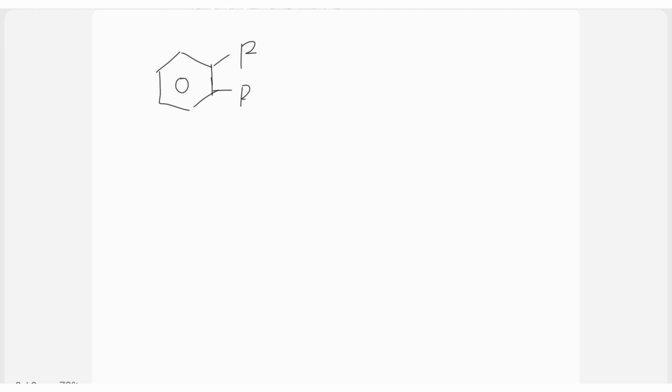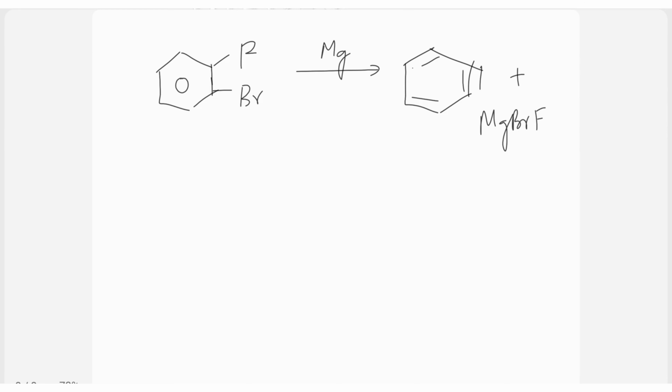Or we can use magnesium instead of lithium: with fluorine and bromine, if we add magnesium to this. Magnesium and lithium are strong bases, and only in the presence of strong bases can we expect the benzyne formation. So we get benzyne and the byproduct is MgBrF. So these are a few examples where we observe the formation of benzyne.